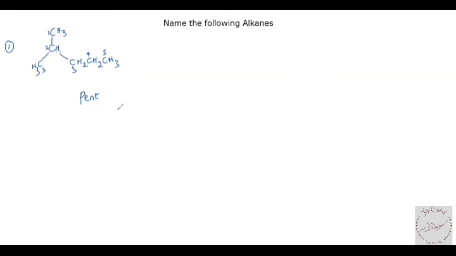Looking at this, it is not in a ring form, so we're not going to be thinking that this is cyclic. So it's left between alkane, alkene, and alkyne. And looking at it, because there is no double bond or triple bond, we know it is alkane. So since it's alkane we're dealing with, the suffix will then be "ane."